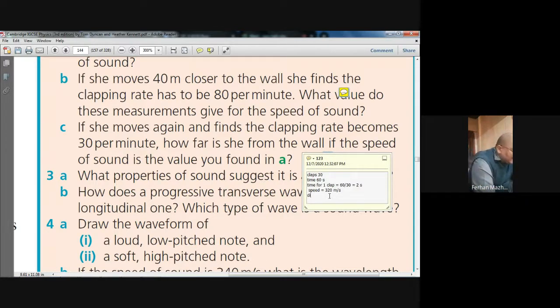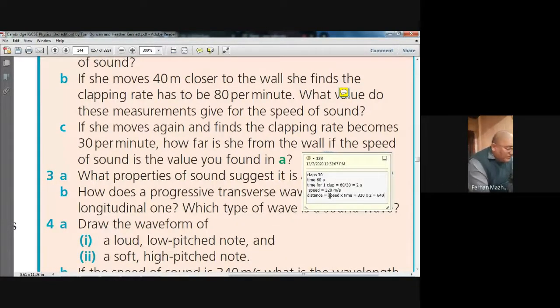So the distance is equal to speed multiplied by time. I know the speed, that's 320, and I will multiply it with the time, that's 2 seconds. So let's get the answer. 320 multiplied by 2 will be 640.